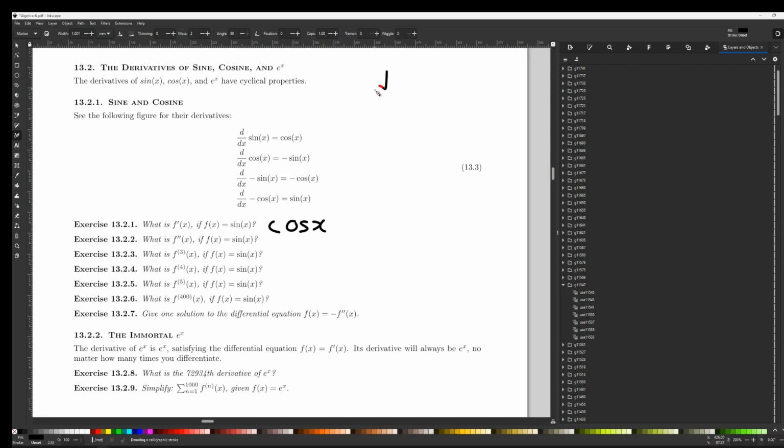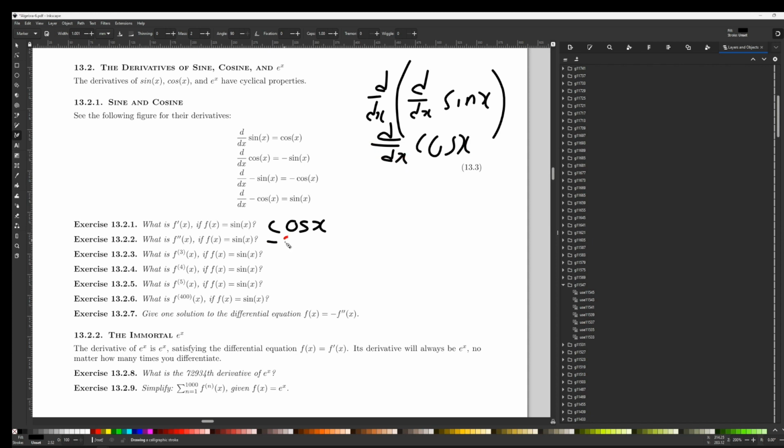So it's going to be d/dx of d/dx of sine of x in this case. We know the derivative of sine is cosine of x, and then we find the derivative one more time. It's going to be negative sine of x.